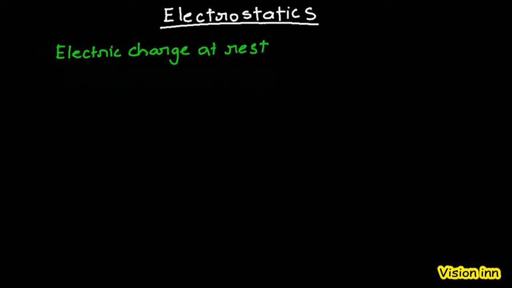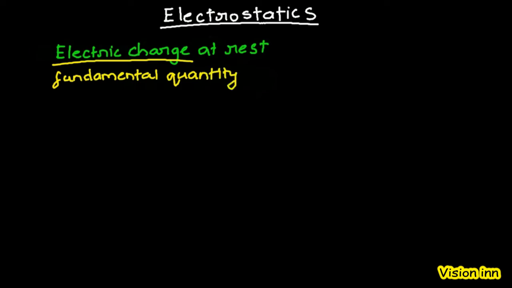Electric charge is a fundamental quantity, which means that electric charge cannot be broken up or further divided at the microscopic level, and hence becomes the basic in electrostatics. The same electric charge will be used in our further discussion.